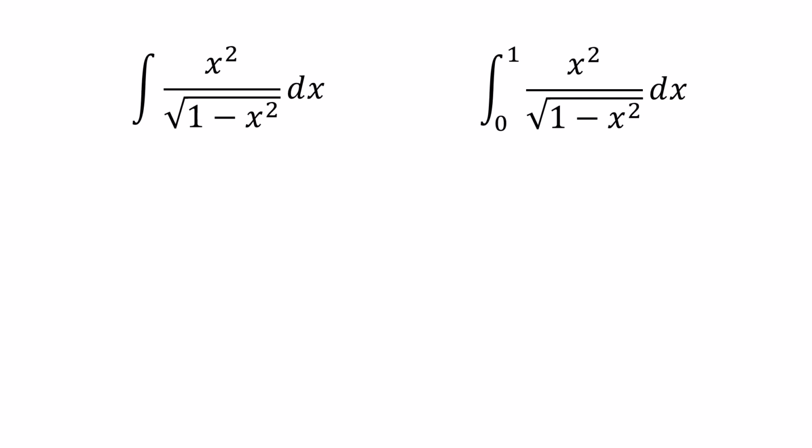In this video, we will use trigonometric substitution to evaluate the integral of x squared over the square root of 1 minus x squared dx and the integral from 0 to 1 of x squared over the square root of 1 minus x squared dx.